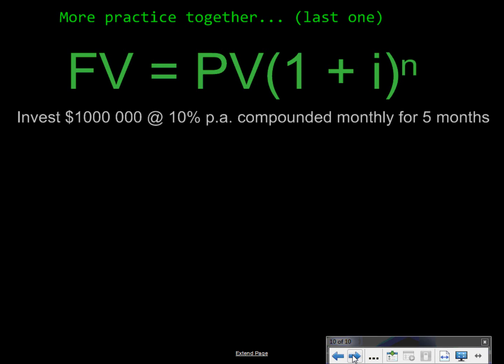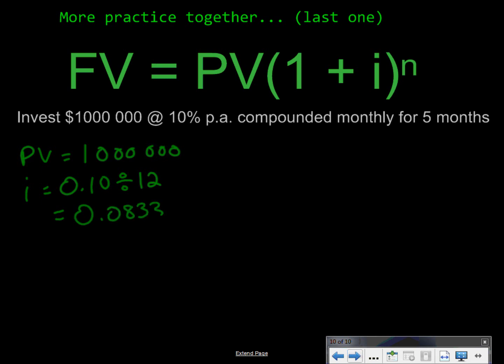Okay, so my present value is 1 million. Okay, my interest rate is 10% as a decimal, compounded monthly, so I'm dividing by 12. So I got 0.0833 repeating.